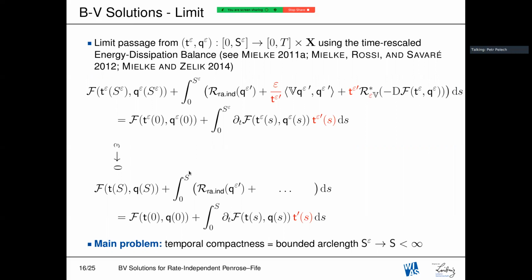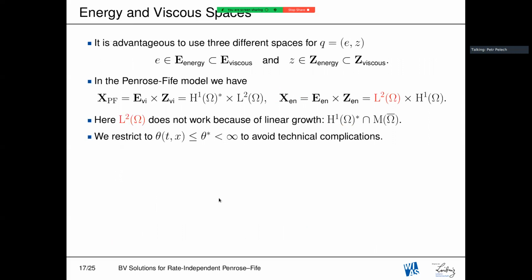And this is what we want to know, what the limit of this scalar equation is. And the main problem is to show that in the limit, S epsilon doesn't blow up. So the length of the curve in the topology we chose remains bounded. So for simplicity, just to explain it, we consider a bit simpler system.